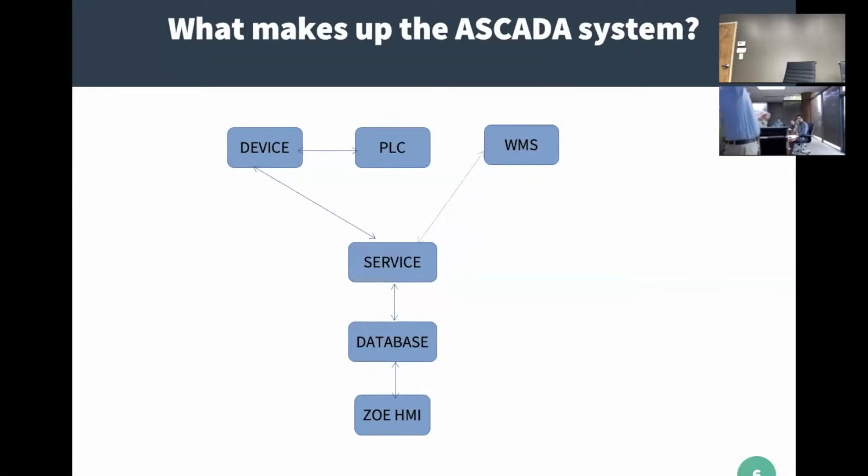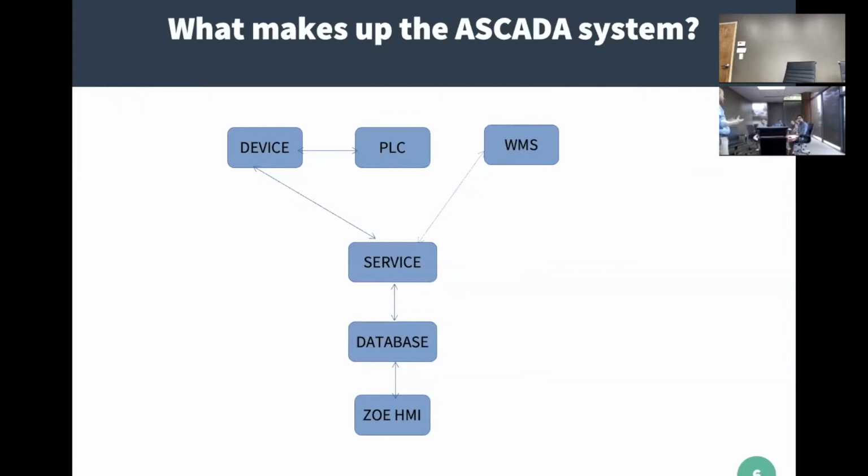The PLC communicates with that device, usually hardwire, but some devices use Ethernet, TCP, serial, whatever. So it communicates with that device to get information out of it. The device and the PLC, sometimes the device, but most of the time through the PLC, some kind of service talks to that.